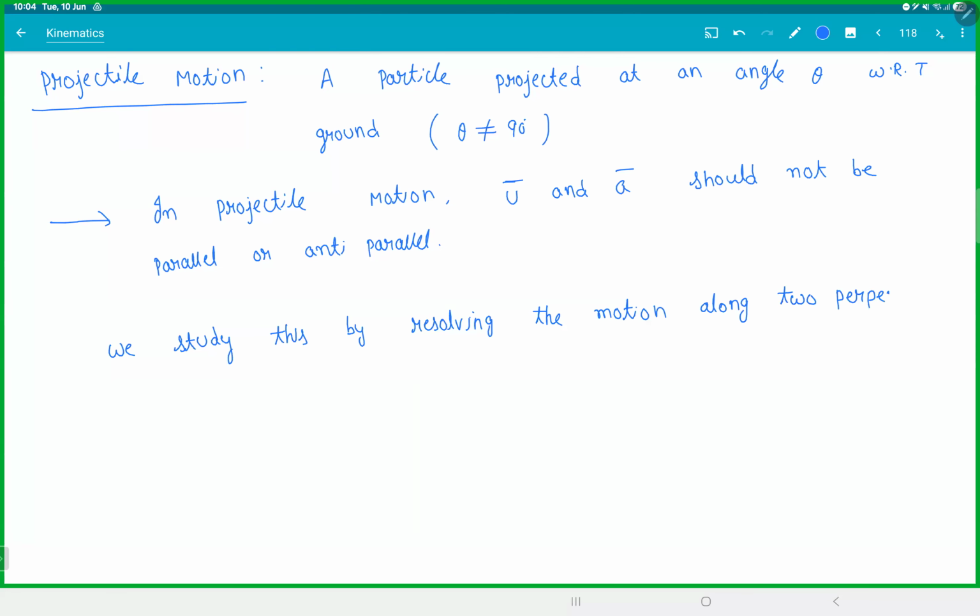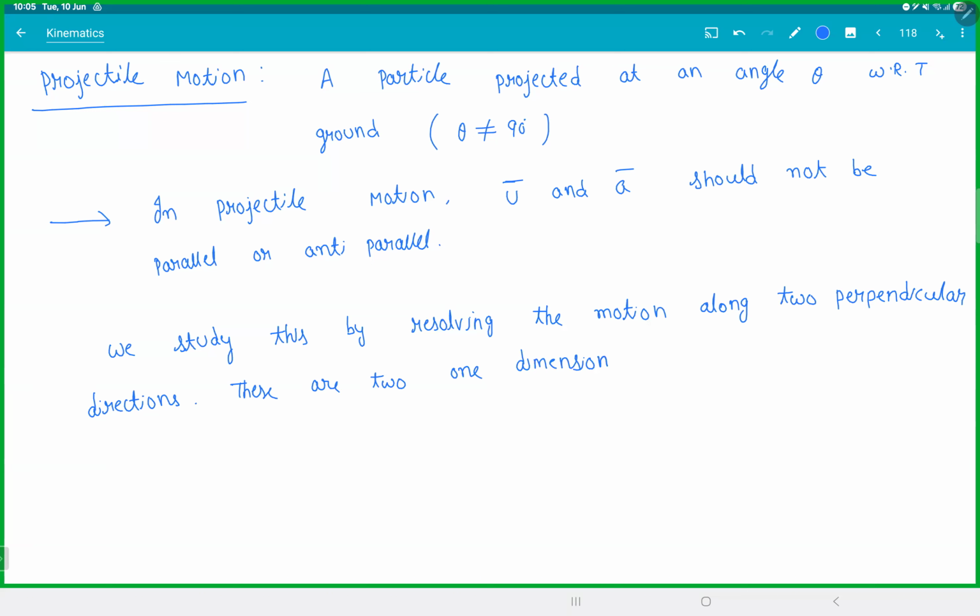I know how to study one-dimensional motions. I don't know how to study two-dimensional motions. So if we can split the two-dimensional motion into two one-dimensional motions, my job's done. These are two one-dimensional motions. That is the main key.